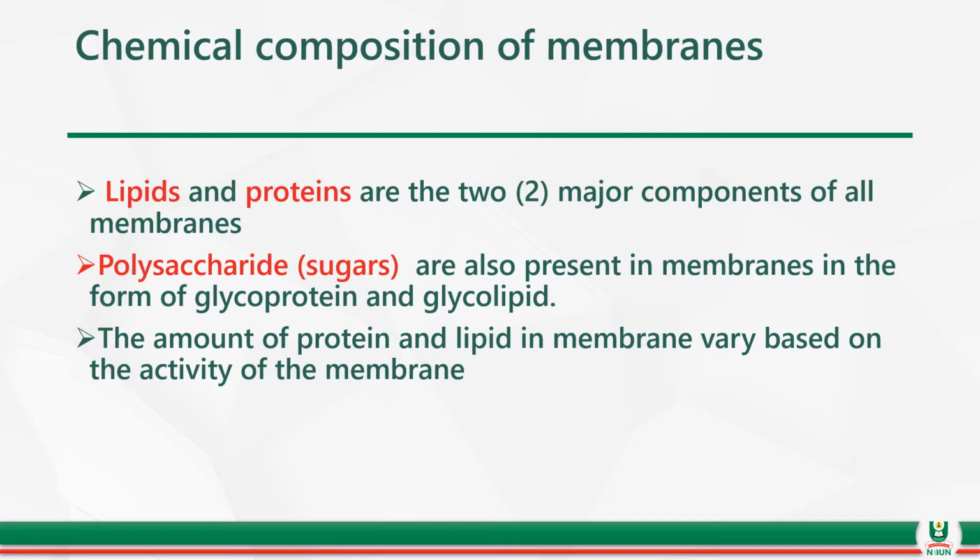Another thing you must note about membrane is that the amount of protein or lipid in a membrane varies based on the activity of that membrane. Let me explain this. In our last class, we talked about sphingomyelin.